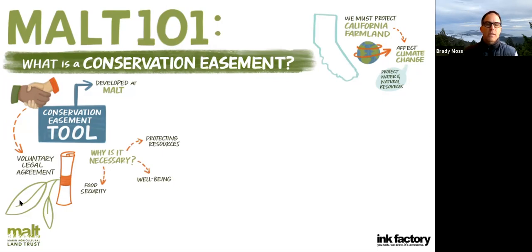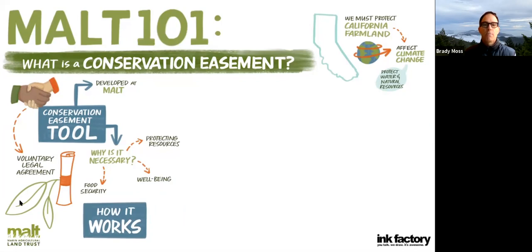And after the easement is placed on a property, the property owner retains the right to own and manage their land in compliance with the easement, and the land continues to be used for farming and ranching. And one important aspect of MALT's conservation easements is that, as Catherine mentioned, they're established in perpetuity, and they remain in effect on the land forever, regardless of ownership changes.